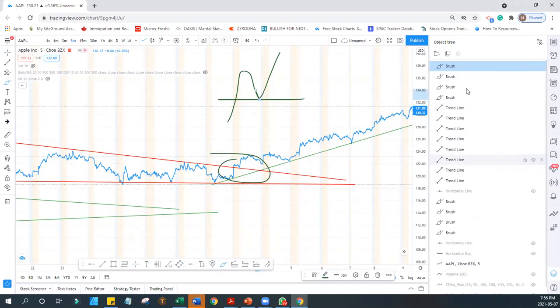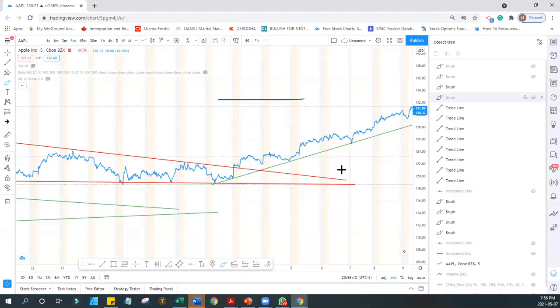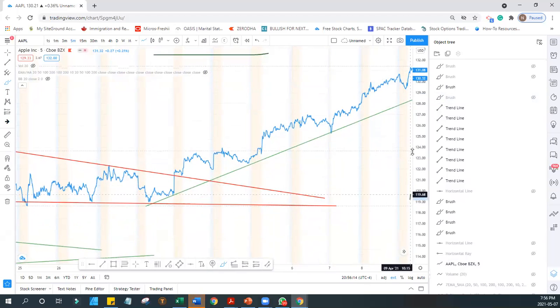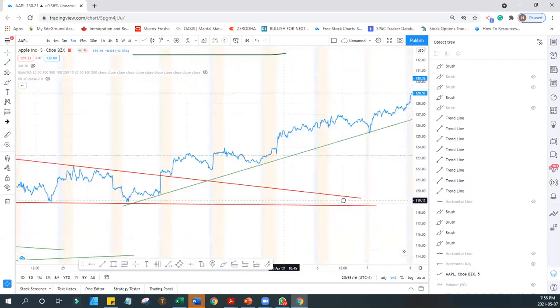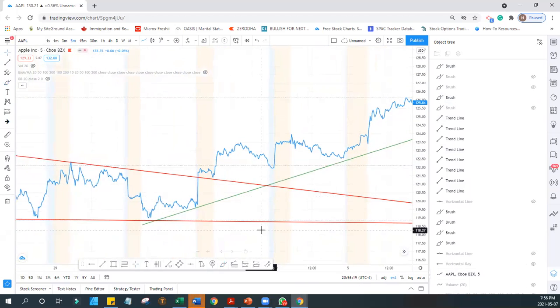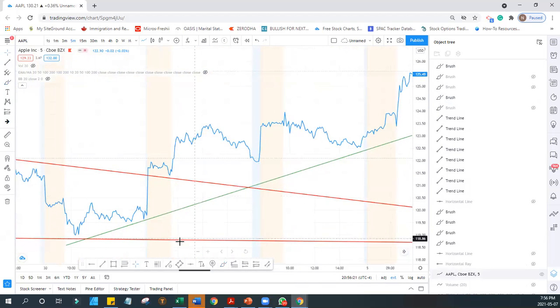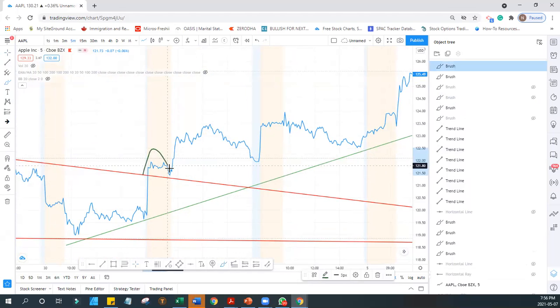Now if you go further on this one, I'm going to zoom in here more. Can you see here the price went up, took the support again, retracement, and then it went up and kept growing?